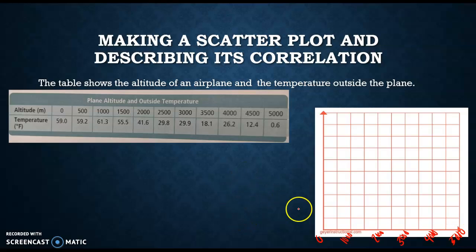And then going up, we're going to count by tens, but I'm just going to put every other: 20, 40, 60, 80. Now, our X value is going to be the altitude. I don't have much space to write it. Altitude. And our Y value is going to be the temperature.